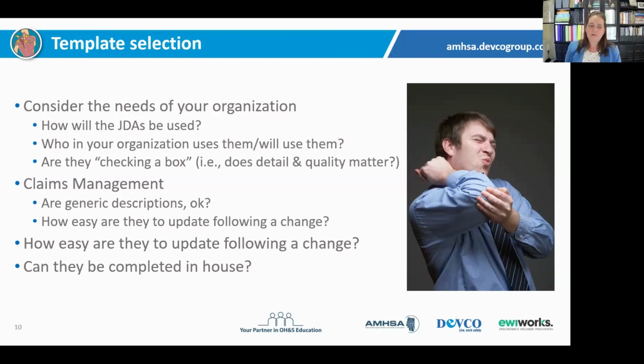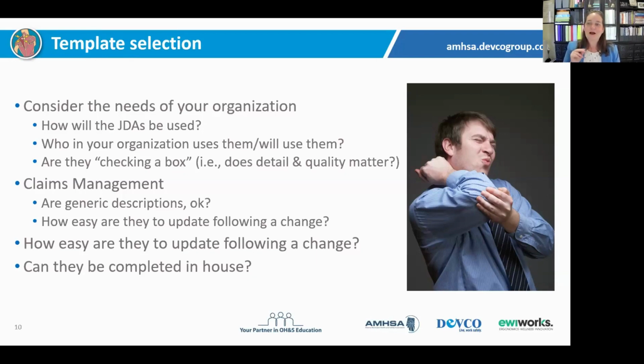In terms of claims management and different templates, there are absolutely some job demand assessments that you can find online that are very generic, that might be completely appropriate and relevant for your workplace. So if you find that, that's great. I do caution you, because it is my job.